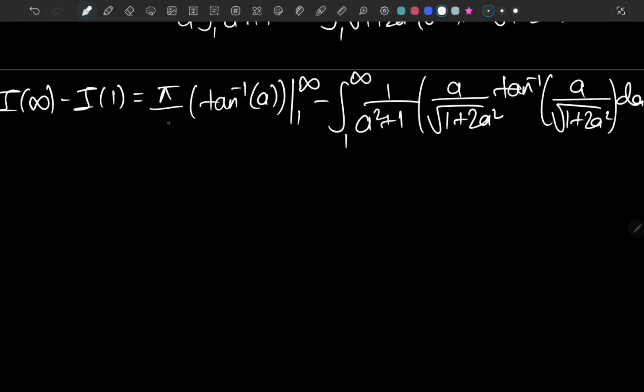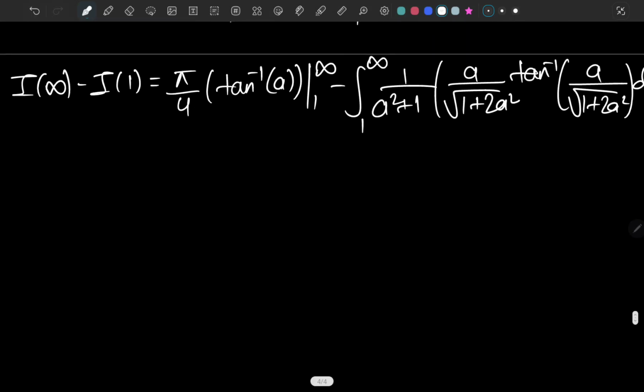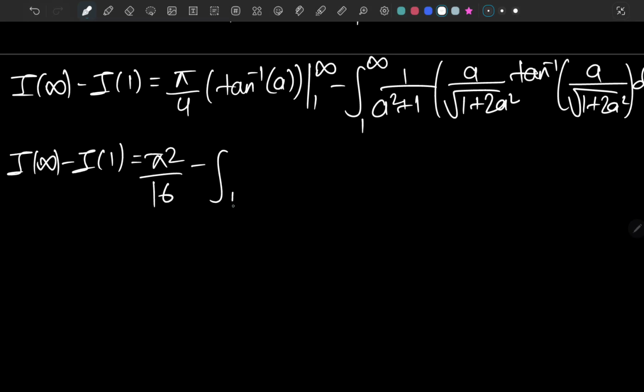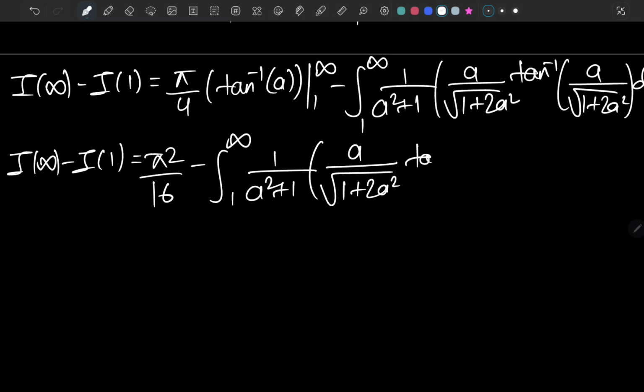So our I of infinity minus I of 1 is pi squared over 16 minus the integral from 1 to infinity of 1 over a squared plus 1, times a over the square root of 1 plus 2a squared, times arctangent of a over the square root of 1 plus 2a squared, dA. So far so good, I think.